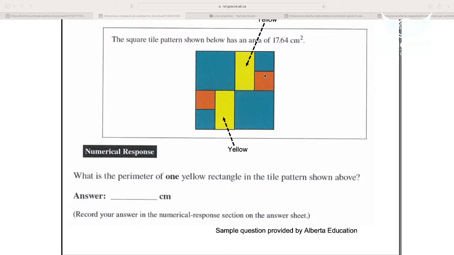As we can see, in the quarter where we have the yellow rectangle and 2 small squares, they divide that area into 2 halves, right? So the area of the yellow rectangle is, we divide by 2 again.